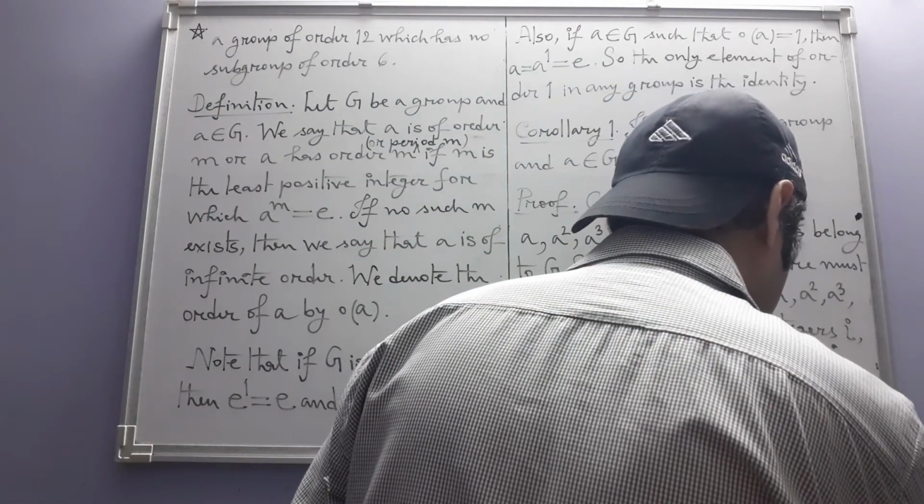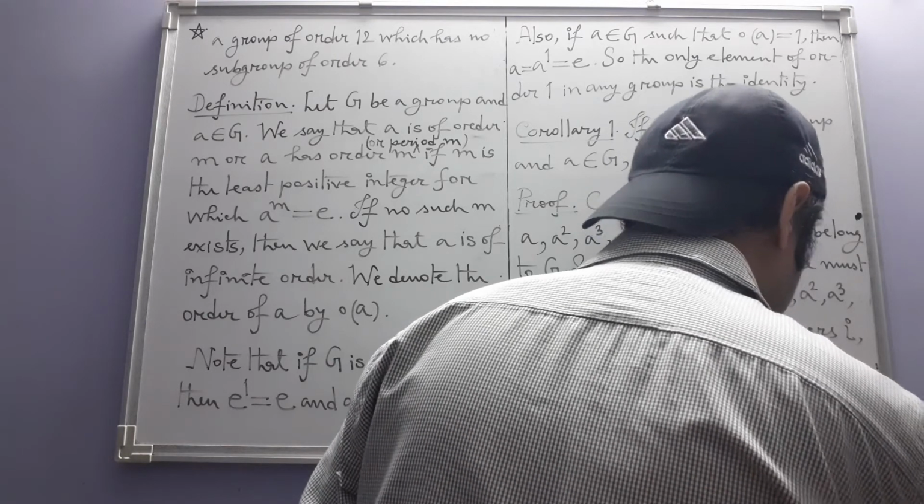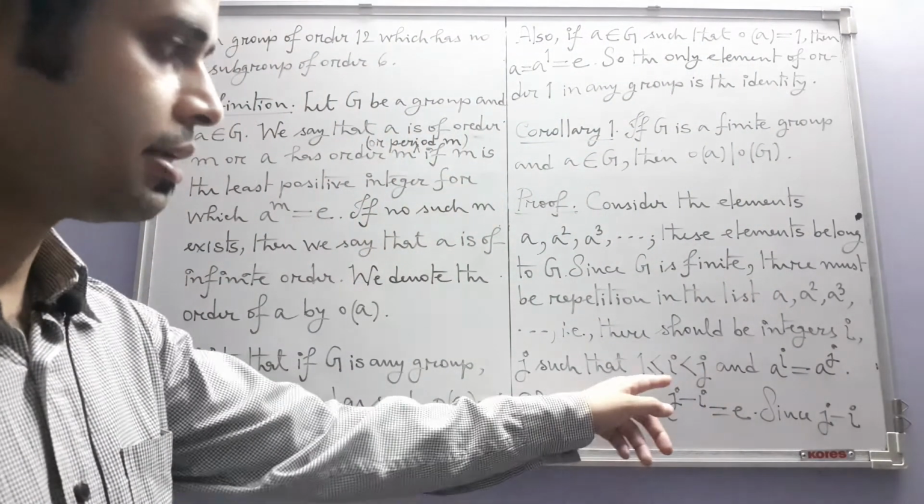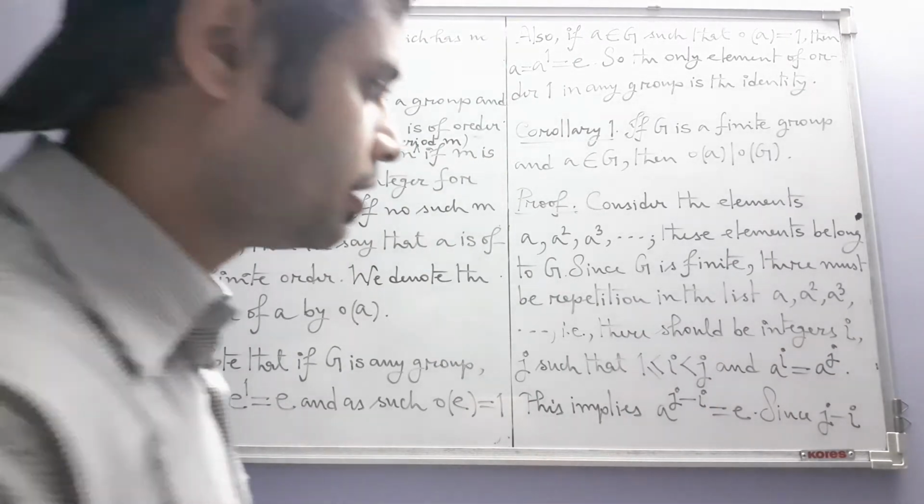Since j minus i, now look at this inequality, i is less than j, so j minus i is a positive integer.